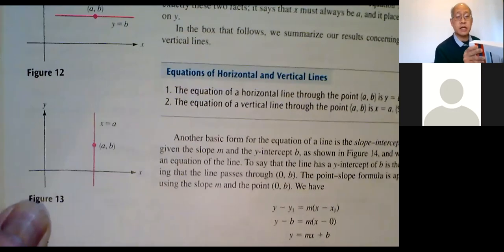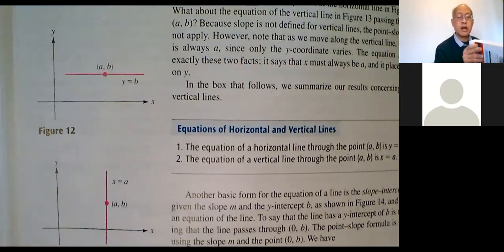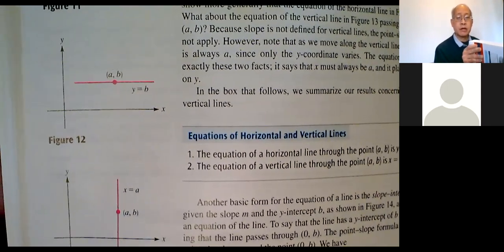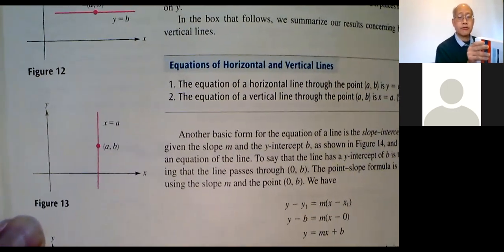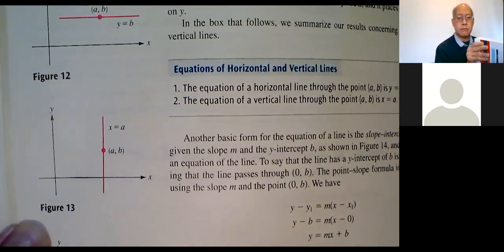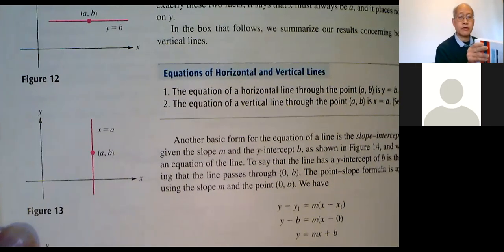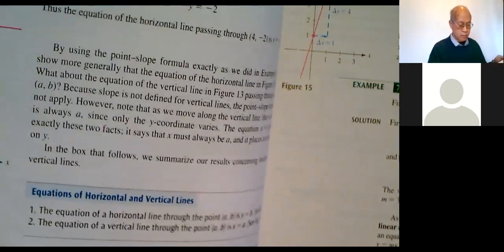So there is a vertical line, a horizontal line. Look at figure 12. Y equals b, horizontal line. X equals a, vertical line. So those are the equations of horizontal and vertical lines.